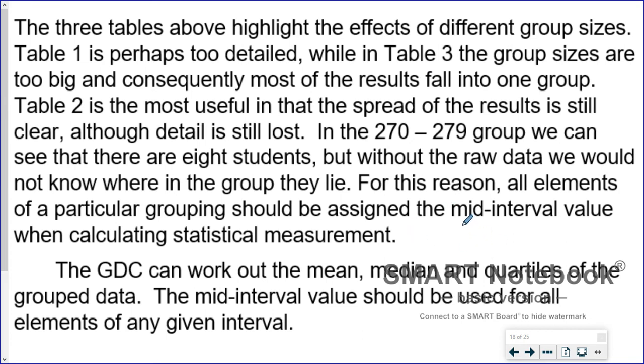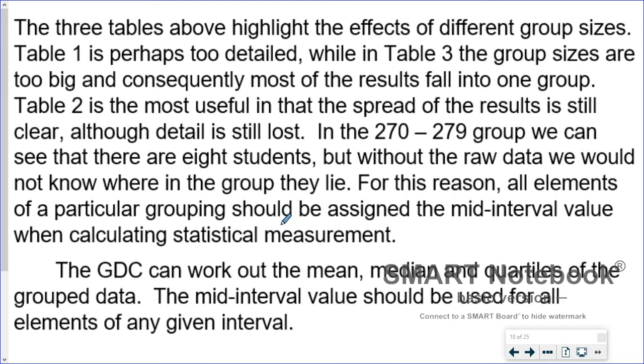In the 270 to 279 group, we can see that there are 8 students, but without the raw data, we would not know where in the group they lie. For this reason, all elements of a particular grouping should be assigned the mid-interval value when calculating statistical measurements.